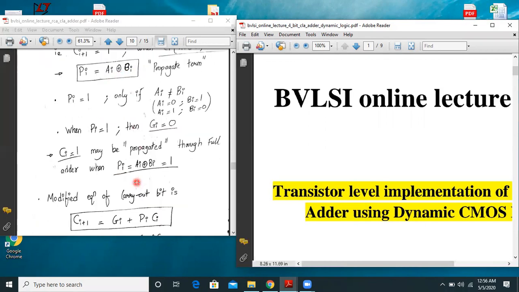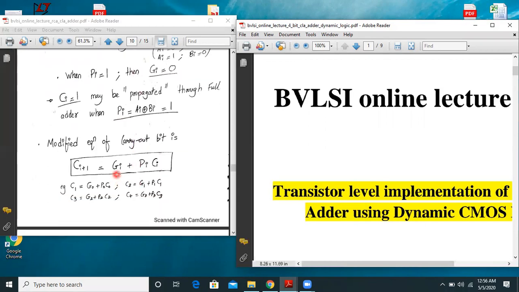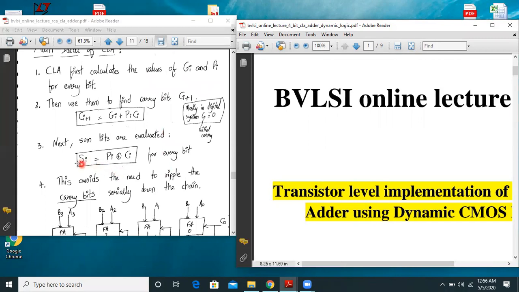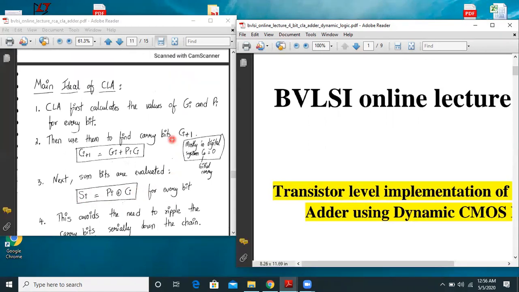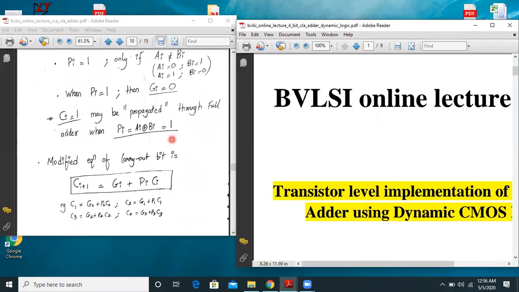So the expression of Ci plus 1 becomes Gi plus Pi into Ci, whereas the sum expression becomes Si is equal to Pi XOR Ci. Using these equations, we have to implement 4-bit CLA using dynamic CMOS logic.